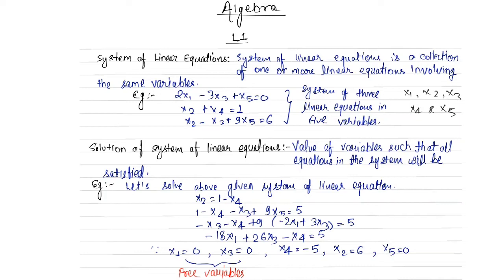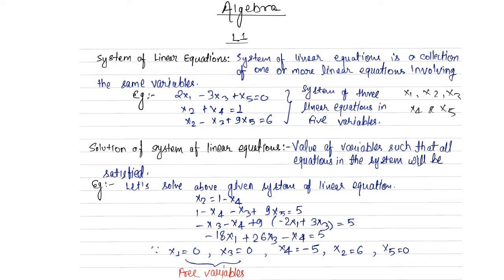Now we'll see what the solution of a system of linear equations is. A solution of a system of linear equations is a set of values of the variables such that all the equations in the system are satisfied. It means that if we put some values of x1, x2, x3, x4 and x5 in this system, then all the equations must be satisfied at these values.